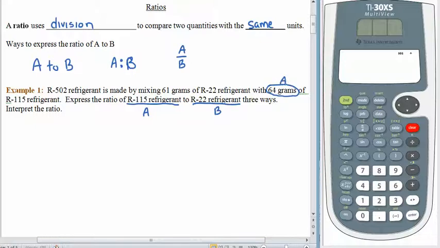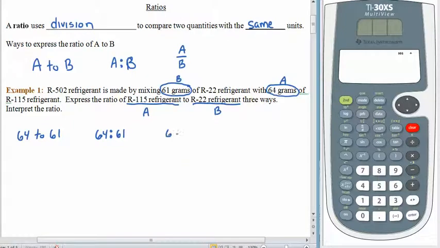So that's our A. And the 61 grams, that's R22 refrigerant, that's acting as B. So we can say that the ratio is 64 to 61. Or we can write 64 colon 61. Both of them mean the same thing.